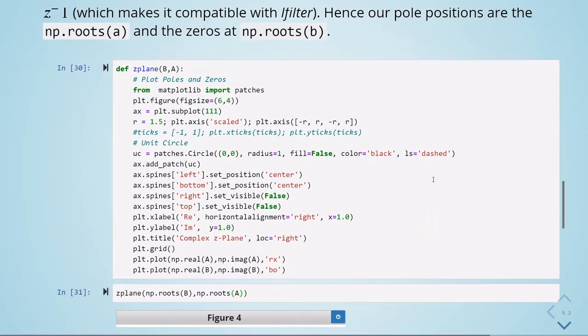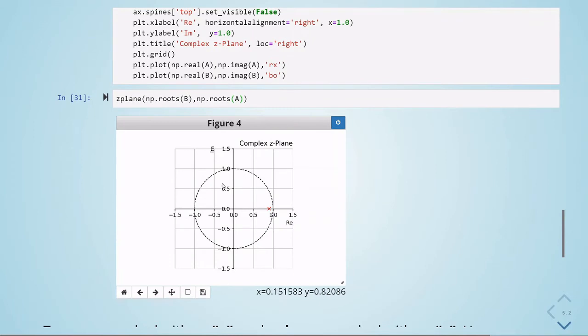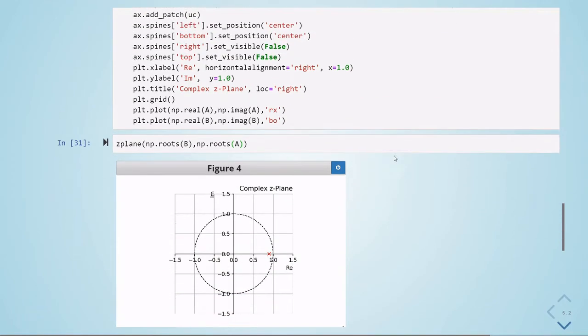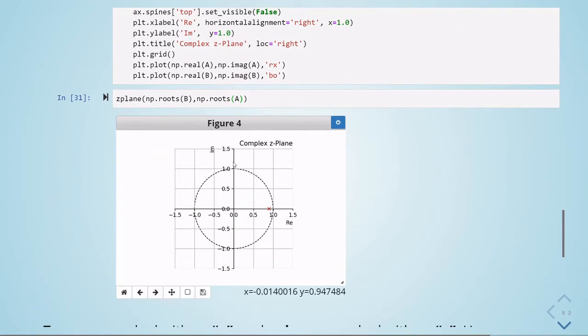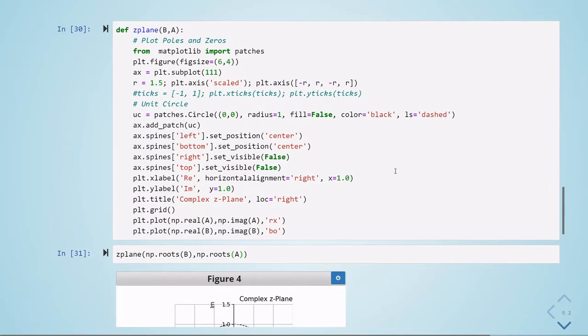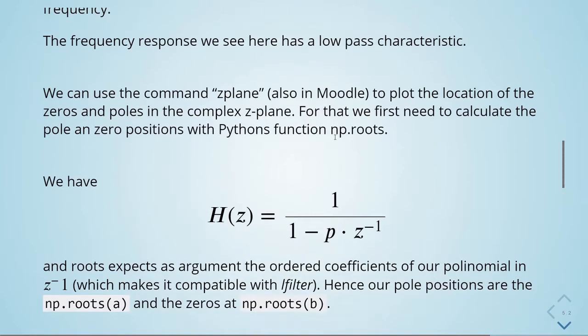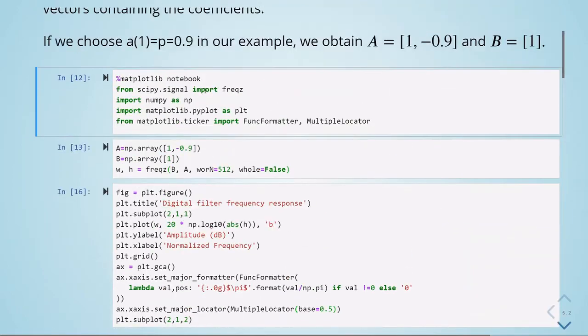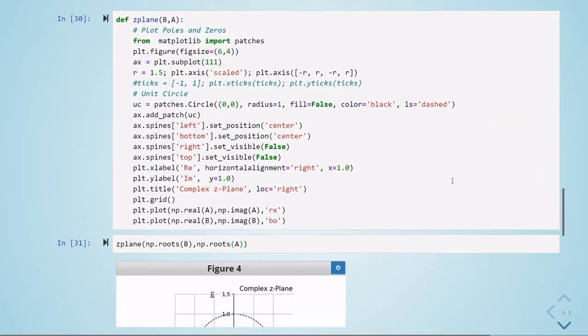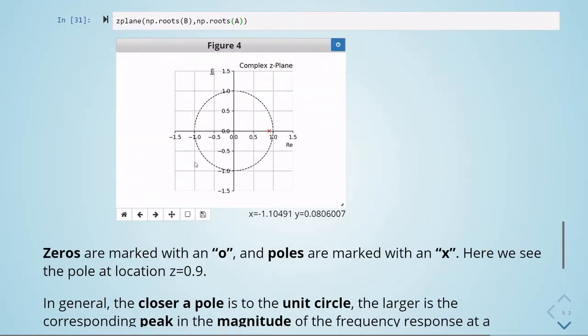What we're doing here is plotting a unit circle, just configuring the plot to have the y-axis in the middle. This will be the imaginary part, this will be the real part, and then we're calling zplane with the roots of b that we defined earlier and the roots of a, and we have this complex z-plane, and here we have our pole at 0.9.